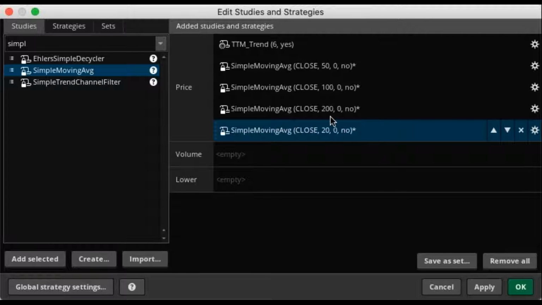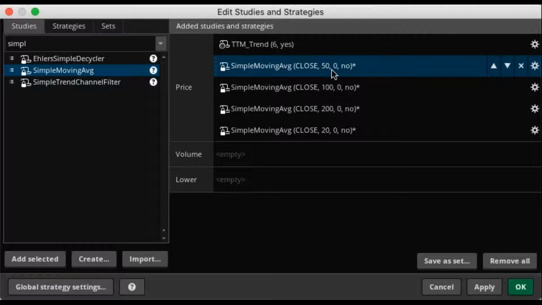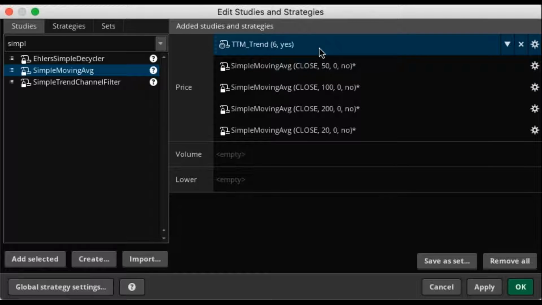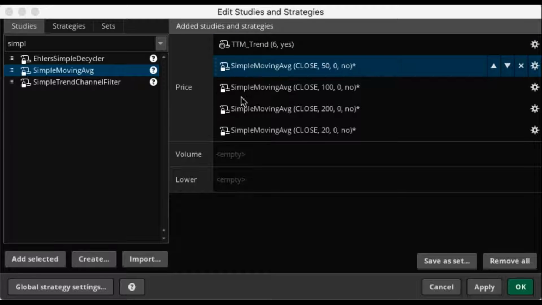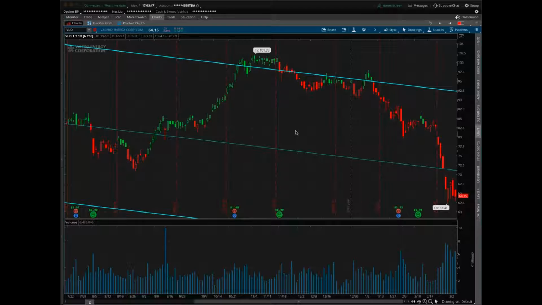So now we have our 20, our 200, our 100, and our 50, and our TTM trend. So now we're going to push apply, and our old chart is going to look like this, and then our new chart is going to look like this.